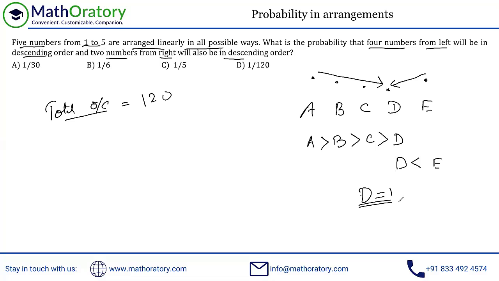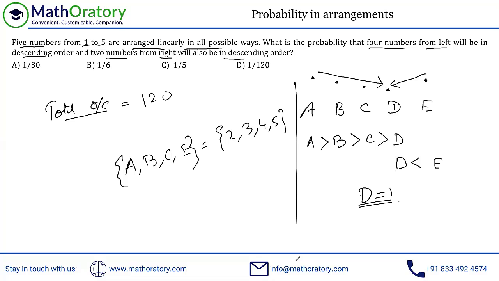The only choice that we have is among E, A, B, C. Now for A, B, C, E, we have 2, 3, 4, and 5 left out, isn't it? But also one other thing you have to understand is that A, B, and C are relatively in a fixed order.